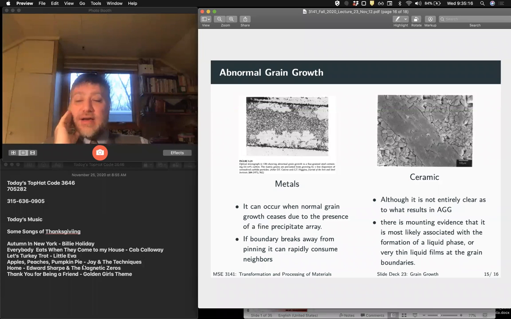If we're near the eutectic, right, we can have thin liquid films that form due to a compositional heterogeneity that causes one grain to grow much larger, right? Similar things can happen in metals as well, right? There's multiple causes, multiple cases, right? I don't want to dwell on it. It's just one of these things you should be aware that it does happen.